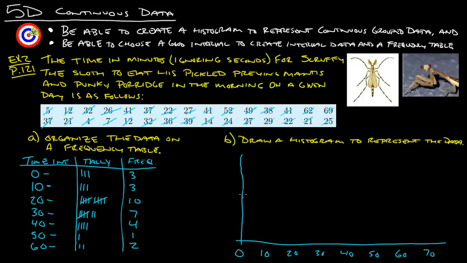And then this way we're going to have our frequency. It goes up to 10. This is our frequency. Let's maybe do 5, maybe 1, 2, 3, 4, 5, 6, 7, 8, 9, 10. Alright, so that's pretty good.